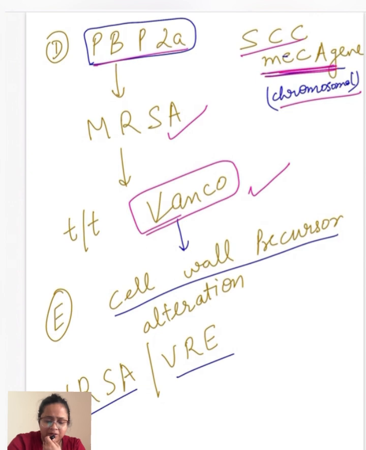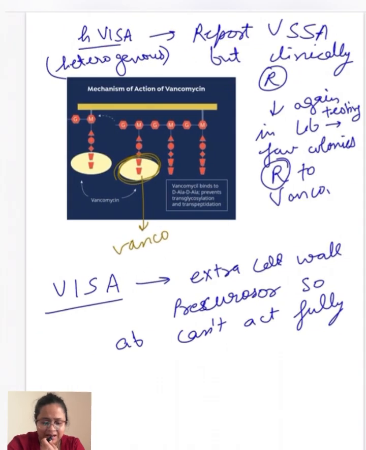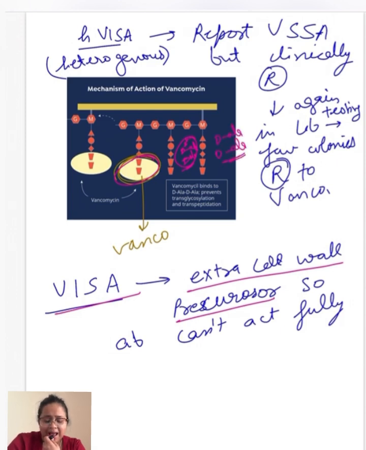In between we have one species like VISA. In VISA there are extra cell wall peptides, so they will have extra D-Ala here. So in between the antibiotic will bind to that and cannot act. If we give more antibiotic, then the antibiotic will be able to act on the bacteria. So VISA, but hetero-VISA is also there.